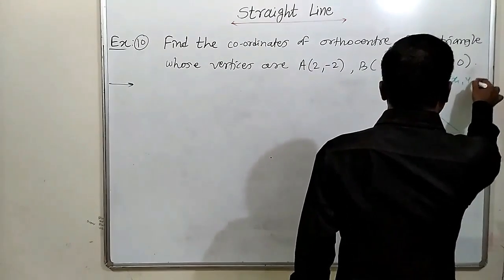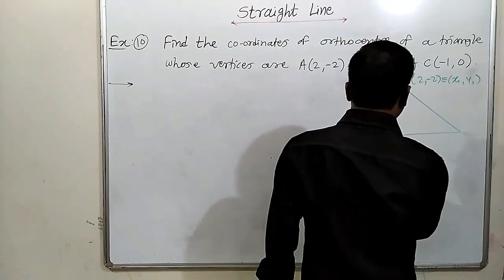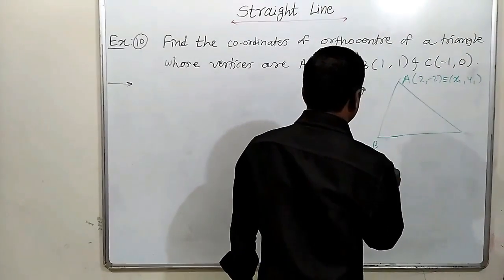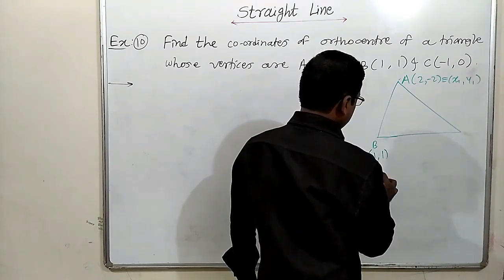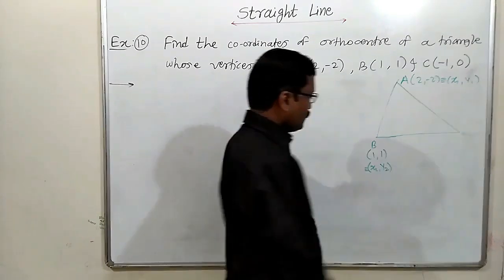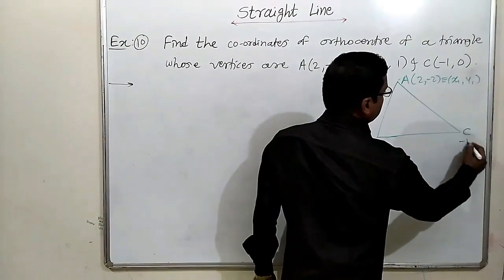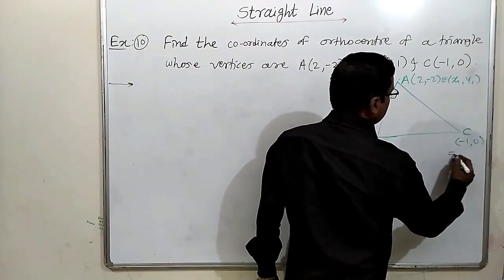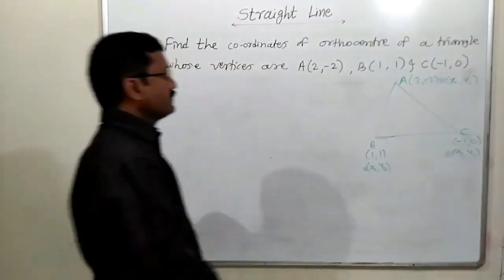Consider it as x1, y1. Vertex B is (1, 1). Consider it as x2, y2. Consider the third vertex C as (minus 1, 0), so it is x3, y3.